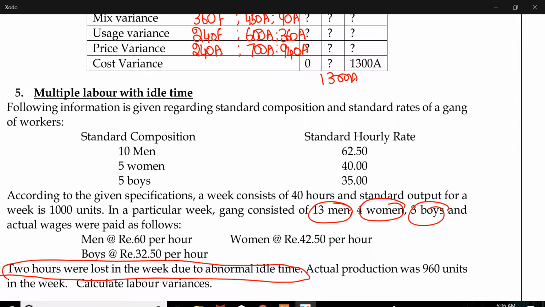Next point, according to the specification, the company should produce 1000 units in 40 hours.